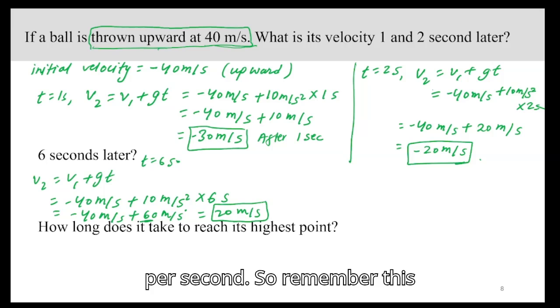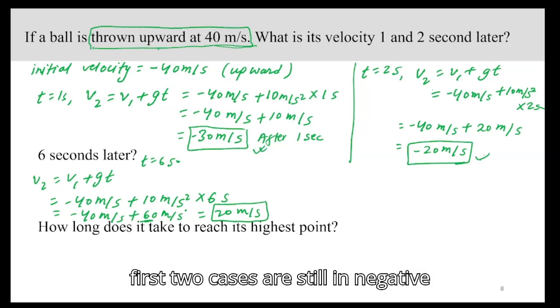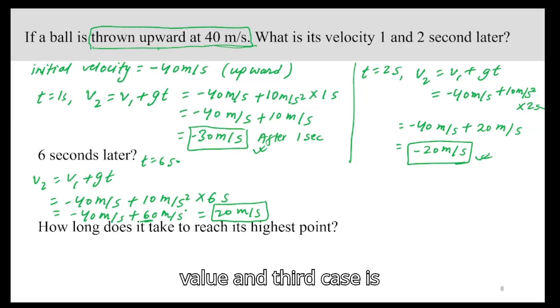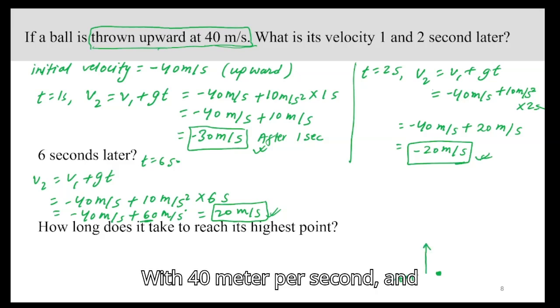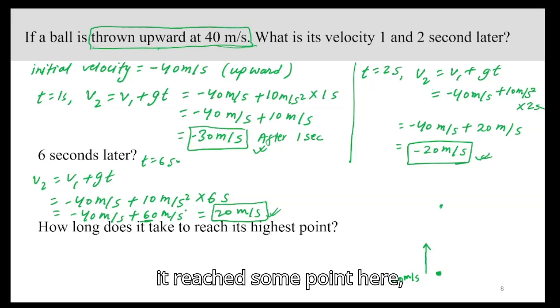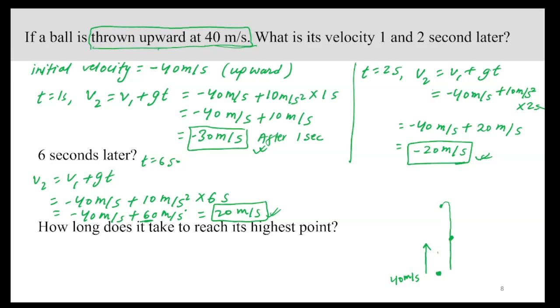So remember, these first two cases are still negative values, and in the third case, after 6 seconds, the velocity is positive. So what this means is the ball was thrown up with 40 meters per second, and it reached some point here and then it starts dropping, right?